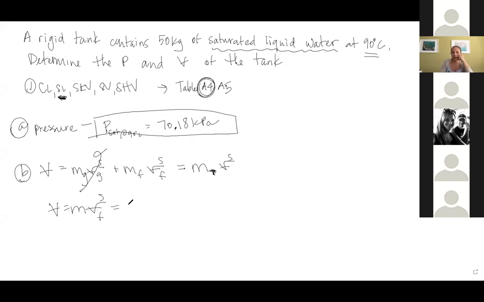So now we have our mass total is 50 kilograms. And our specific volume of our saturated liquid on table A4 at 90 degrees, it's the third column over, it is 0.001036 cubic meter per kilogram.